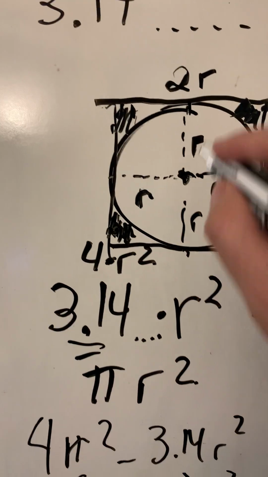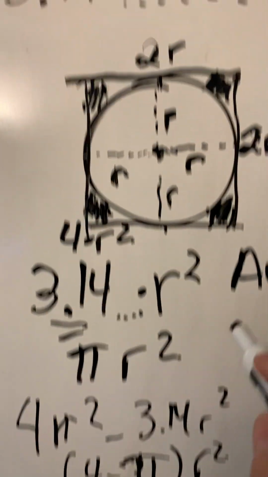And then the space inside is pi r squared.